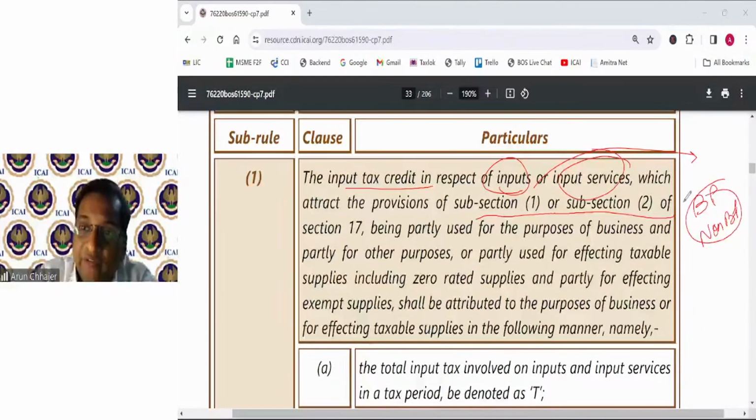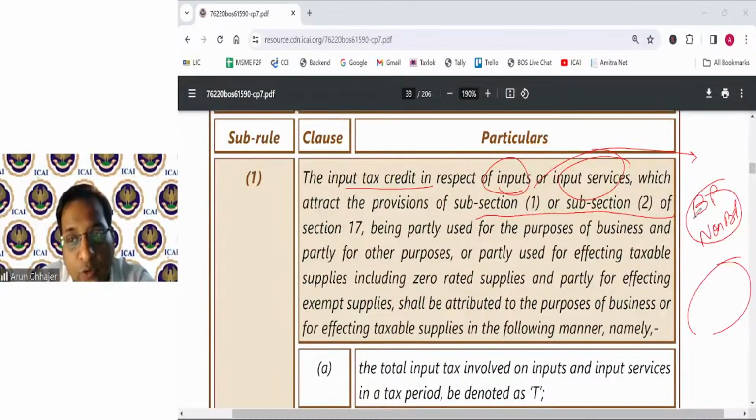Second, if I am making two types of supply, one is taxable supply, one is exempt supply, then ITC to the extent of business purpose, ITC to the extent of taxable supply would be allowed.